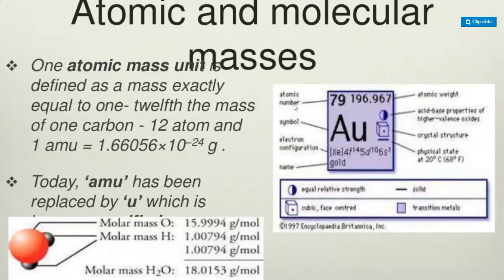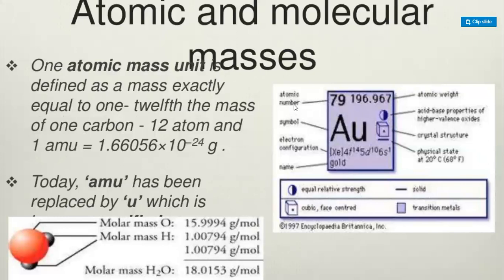Now we'll discuss atomic mass and molecular mass. One atomic mass unit is defined as a mass exactly equal to 1/12 of the mass of a carbon-12 atom. That is 1.66056 times 10 to the power minus 24 grams.